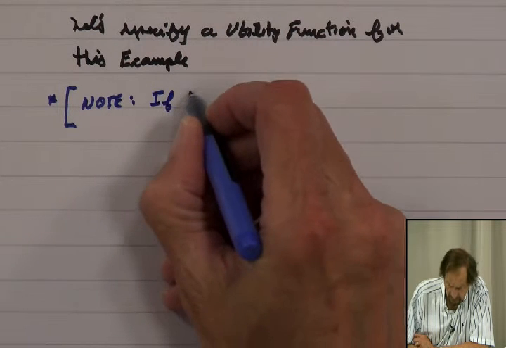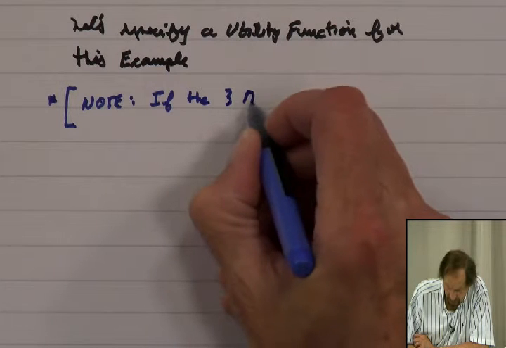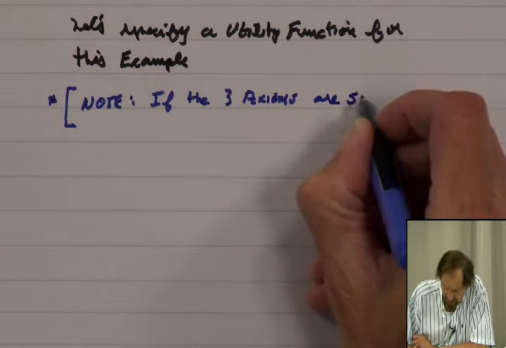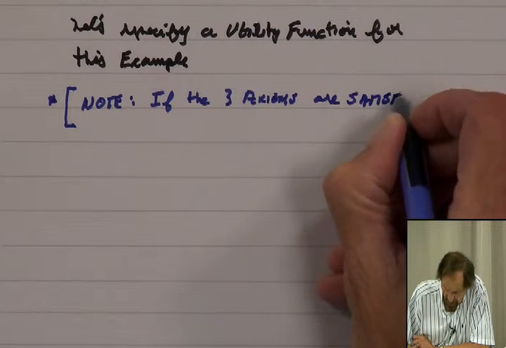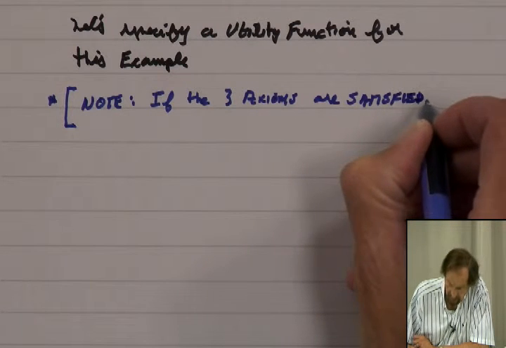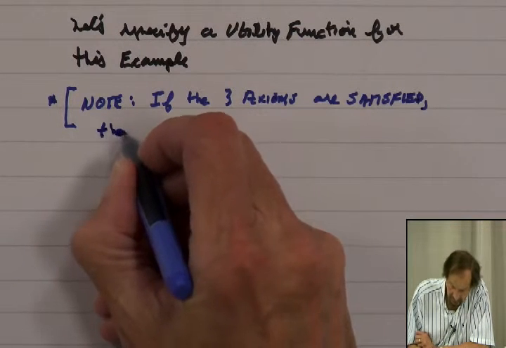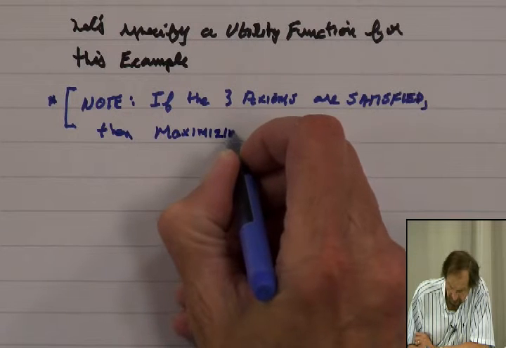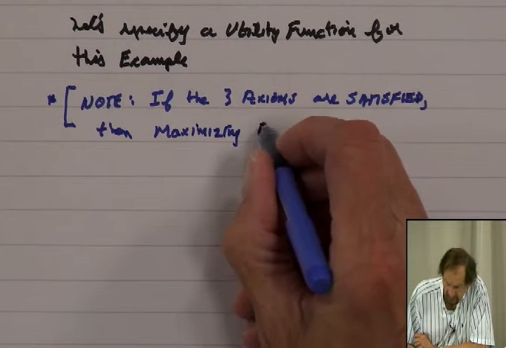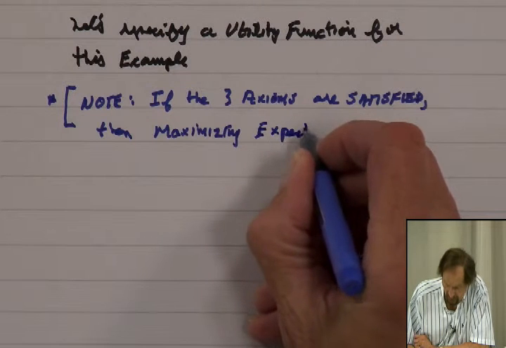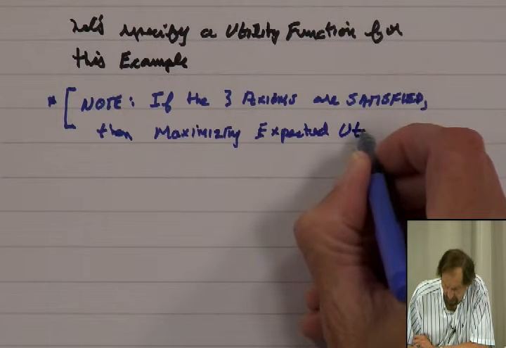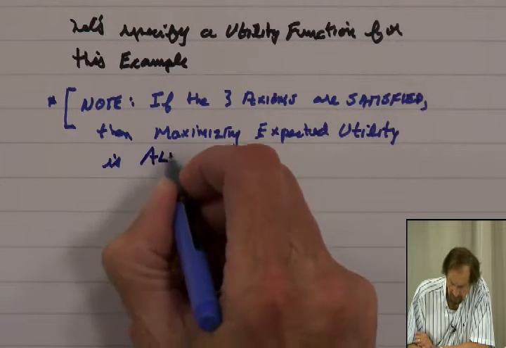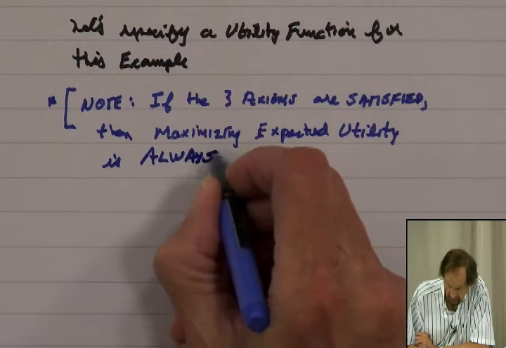If the 3 axioms are satisfied, then maximizing expected utility is always optimal.